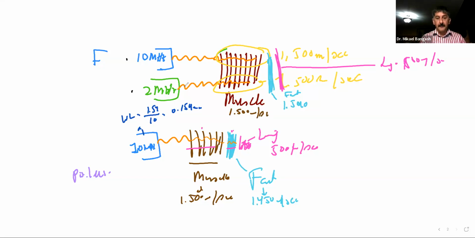Whether that was the sound wave produced by a low frequency transducer or a high frequency transducer. Clear? So as that sound travels through this muscle, it's going to be traveling at this speed here.